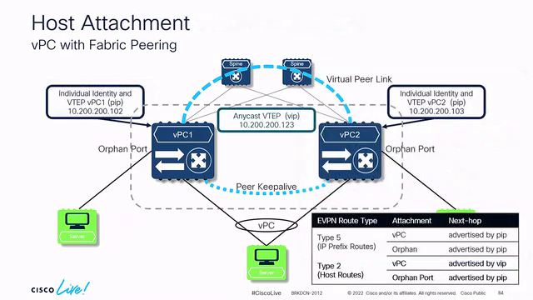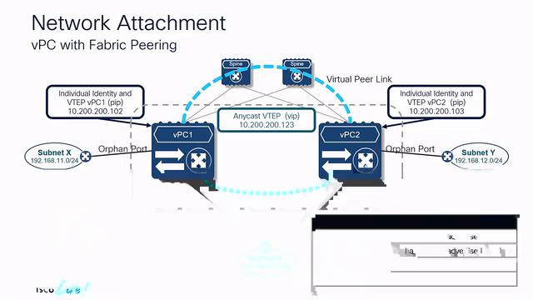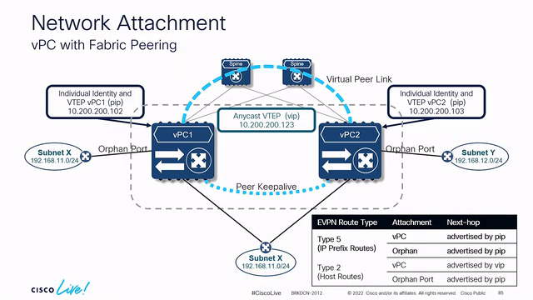So to reiterate this, type 2 routes for all of the hosts are advertised with VIP if they're VPC, with the PIP if they're orphan ports, and then type 5 routes are advertised with the PIP, no matter if they're VPC attached or on orphan ports.